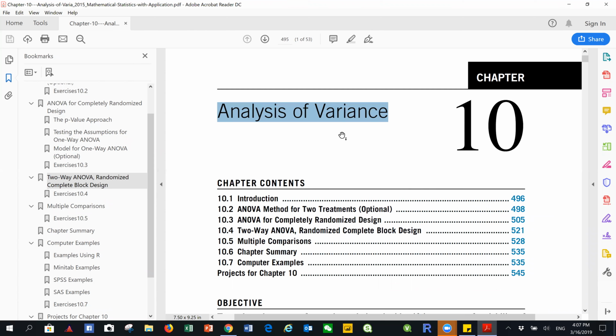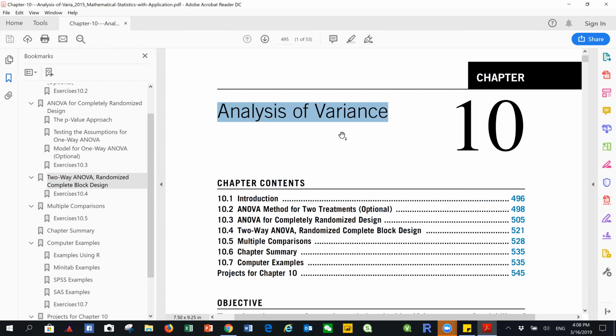Technically we don't have a way to directly compare the differences of the means, so we have to compare the variances, and through comparing the variances, we are able to make conclusions about the differences of the means.